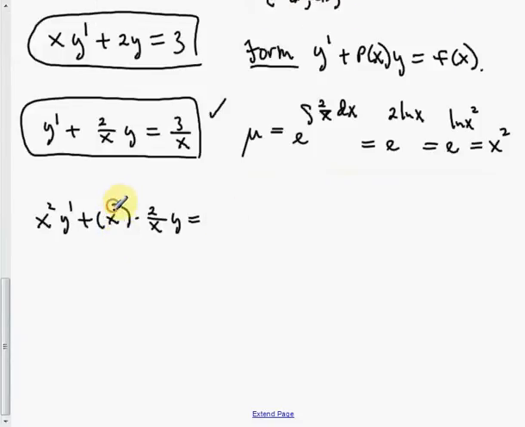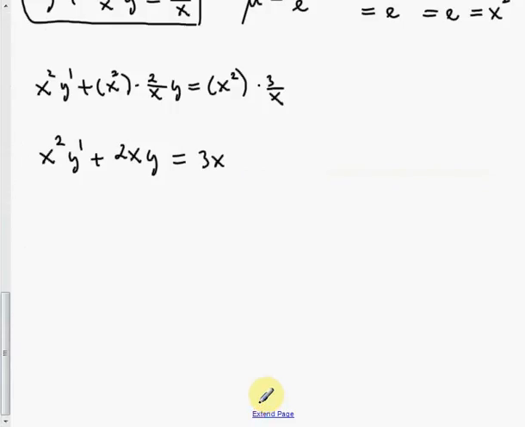Multiplying by x squared, then we multiply by x squared over here times 3 over x. And so, again, simplify, this is x squared y prime plus 2x times y is equal to 3x.